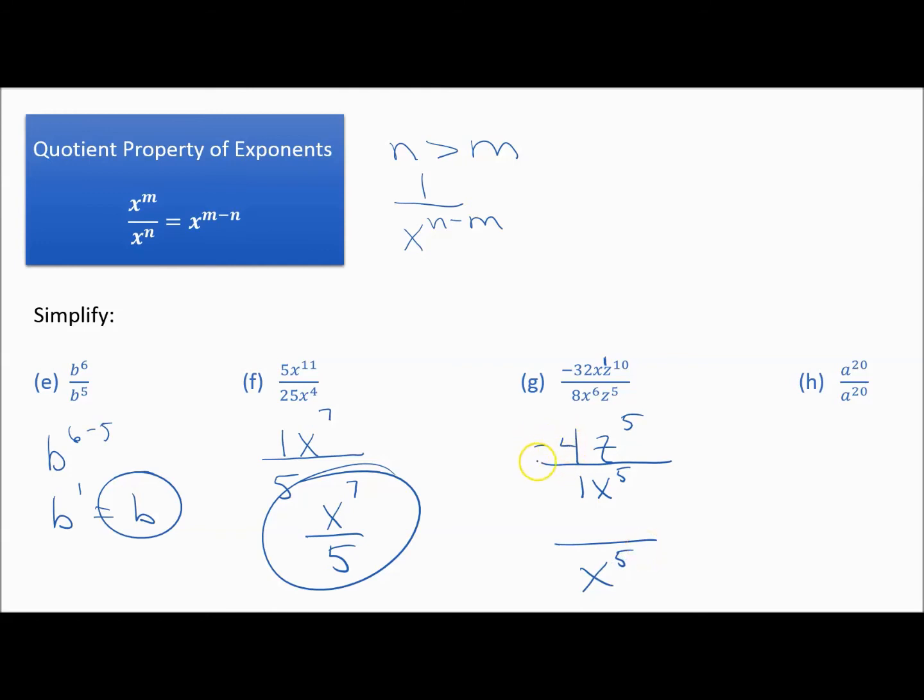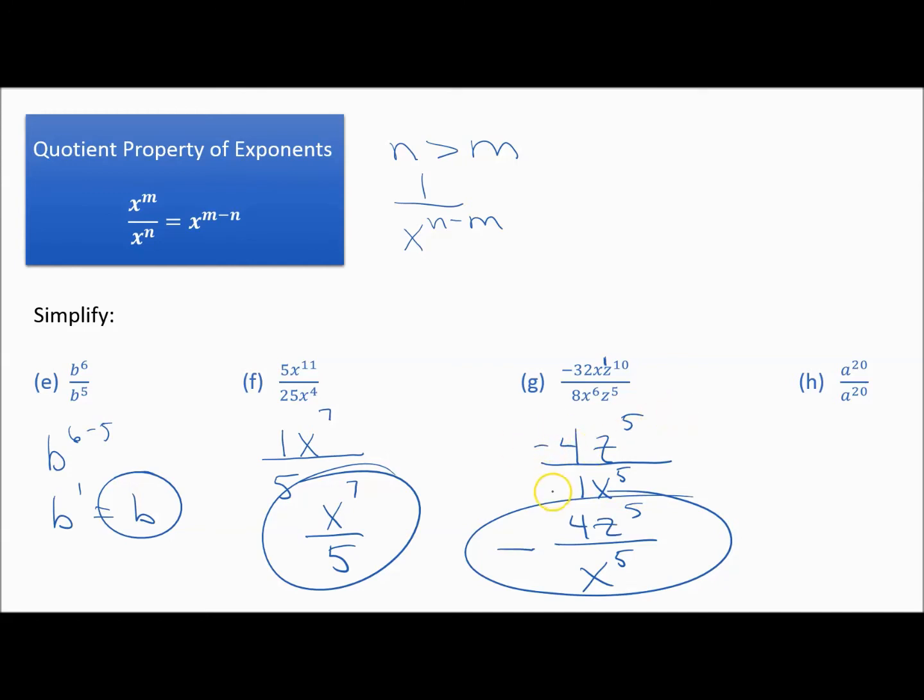In the numerator, let's talk about negatives. Negatives are appropriate to me to put in the numerator or in front of the fraction, as long as your fraction is completely simplified. So a negative, let's just put that in the front, and 4z to the 5th in the numerator, and that's equivalent to saying negative 4z to the 5th on top.